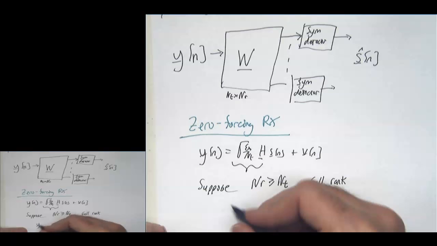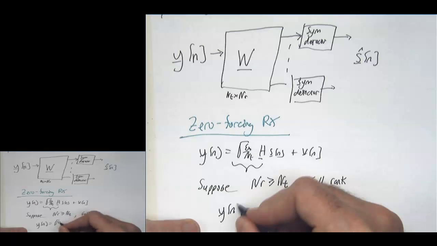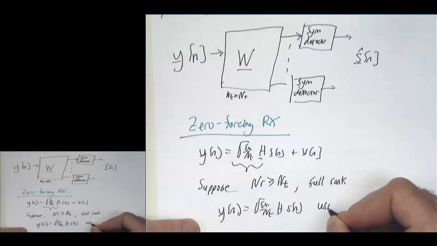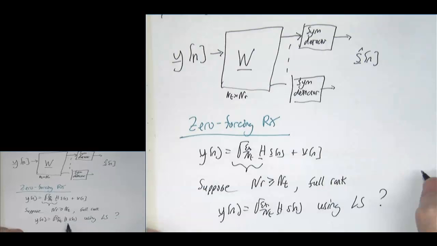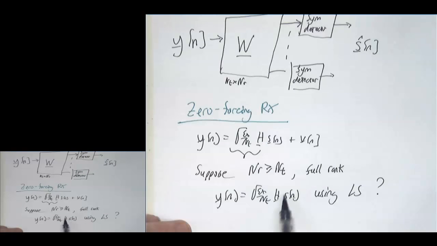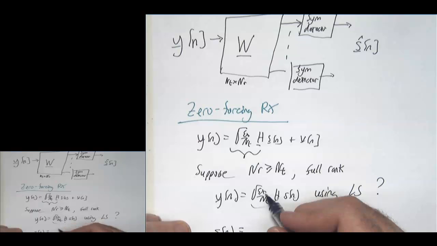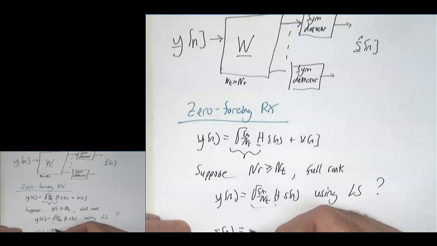Let's suppose that we solve y of n equals square root of Ex over Nt, H, s of n using least squares. If we were solving this using least squares, neglecting the noise, the solution would be s of n equals, we'd multiply through by H star and then by the inverse.